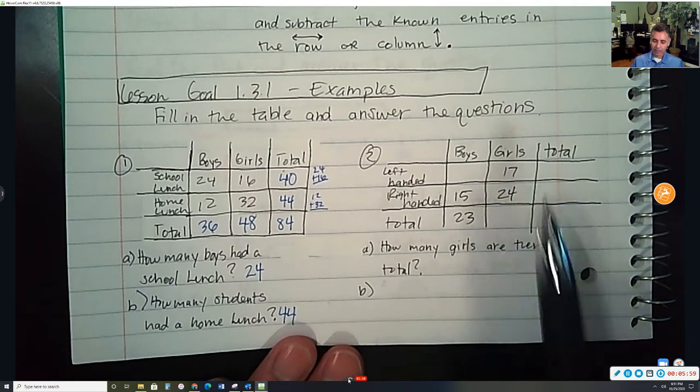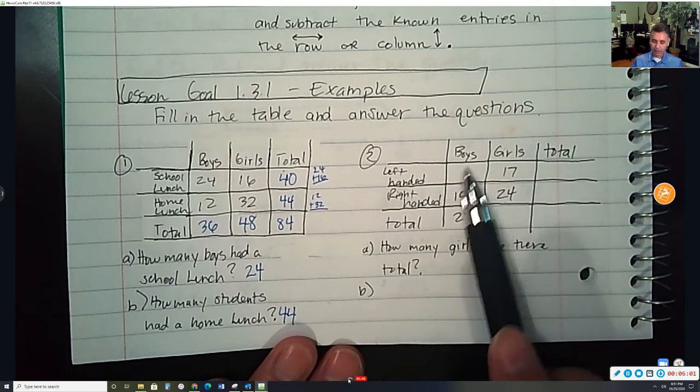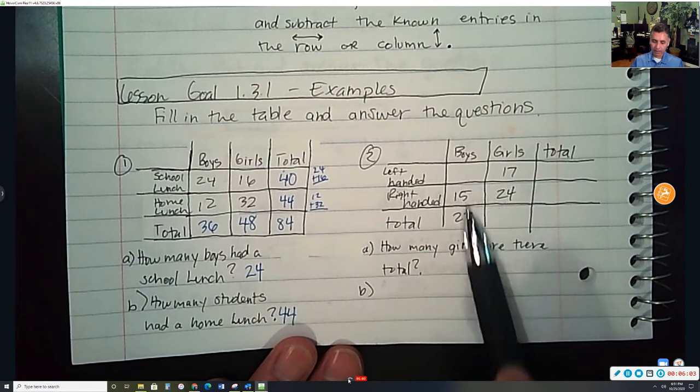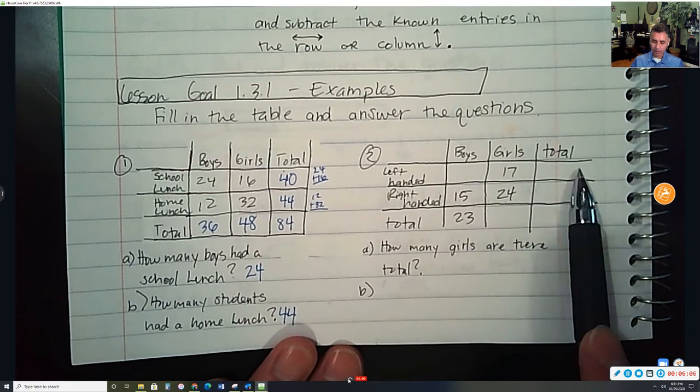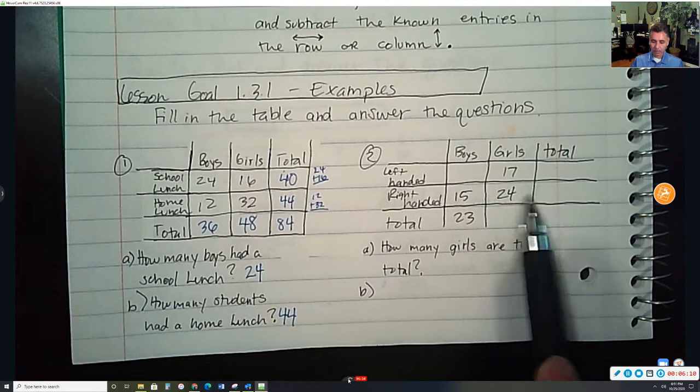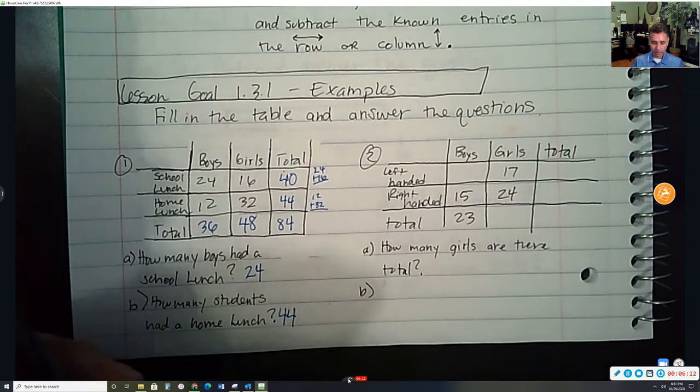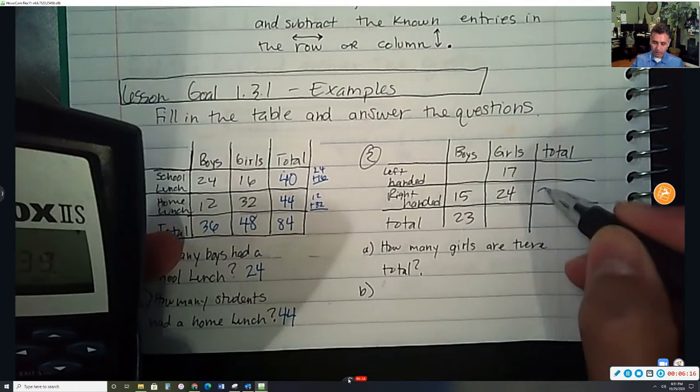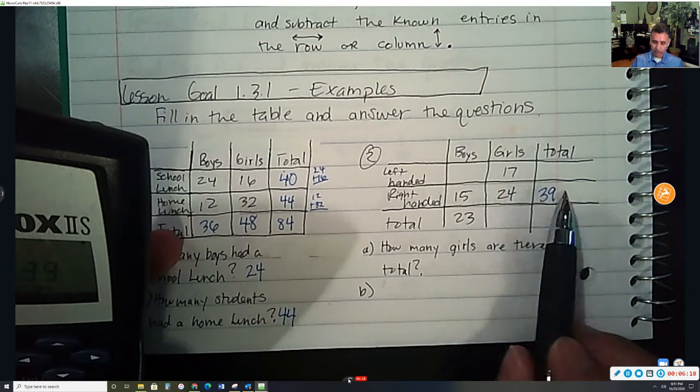So let's fill in the table. Right now there's this blank one missing, so I can't add going down this way or going across this way. So let me add these going this way. 15 and 24. I can add those and get 39, so I know that's the total going this way.